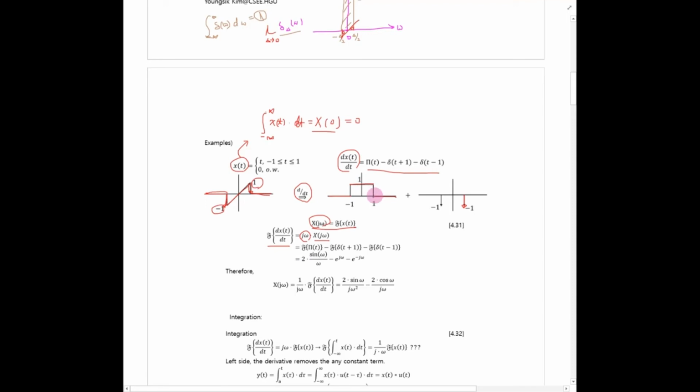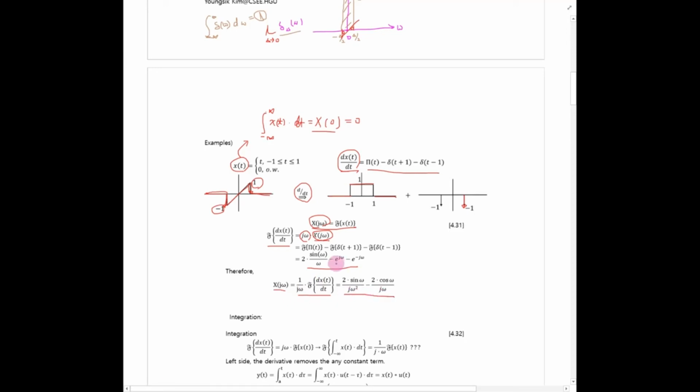The first null occurs where the width is 2, so 2 pi over 2 is pi. So that's this one. And the delta function gives the exponential, and t minus 1 is this one. So the Fourier transform of this derivative is obtained like that. And we can find X(j omega) by multiplying 1 over j omega by the Fourier transform of this derivative, given in this way.